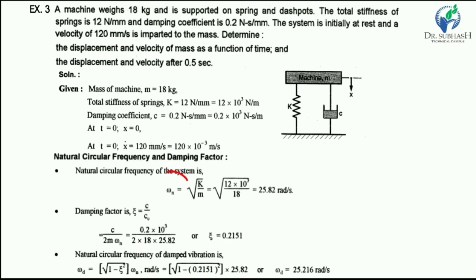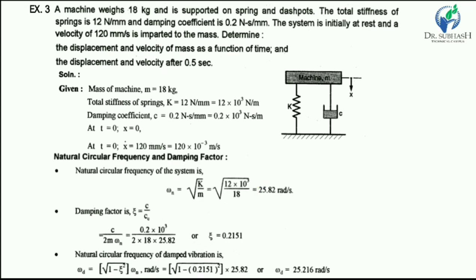Omega n is the natural circular frequency, which for a spring mass system is under root k by m. Stiffness and mass are both given, so we find omega n as 25.82 radian per second.